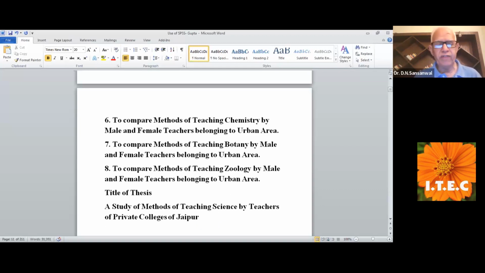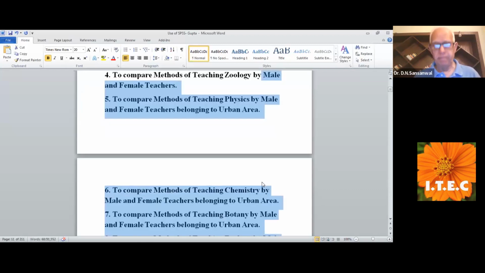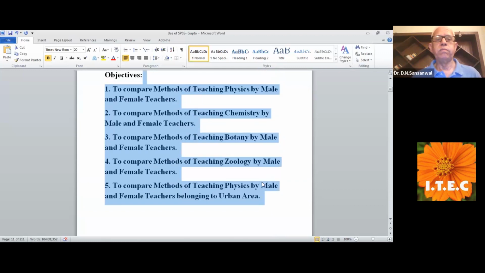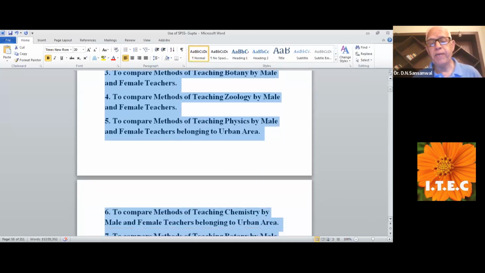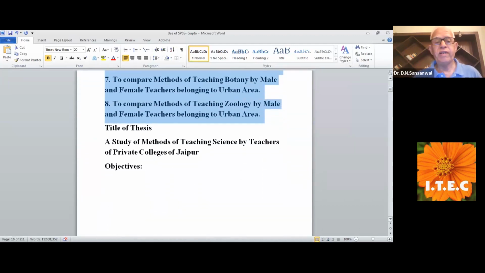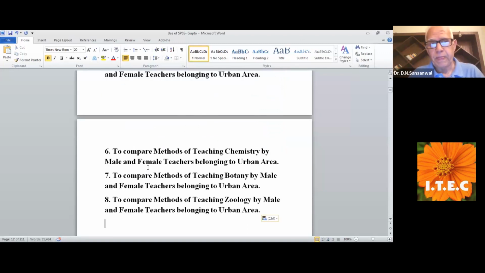Whatever objective you have written earlier, you can write the same objective, absolutely no problem. So the objective for the paper and for your thesis may be the same, because the wording doesn't differ. So you can write the same, no problem at all.